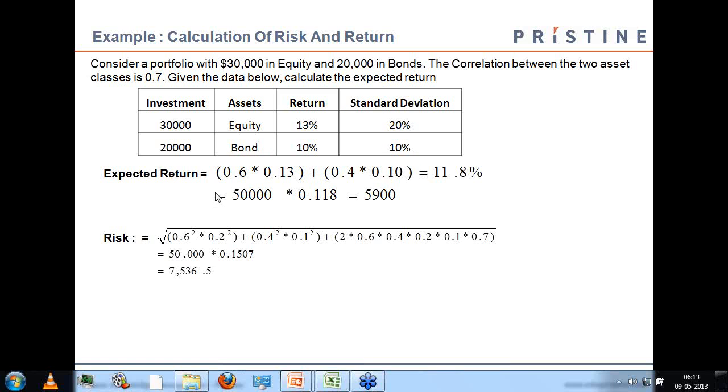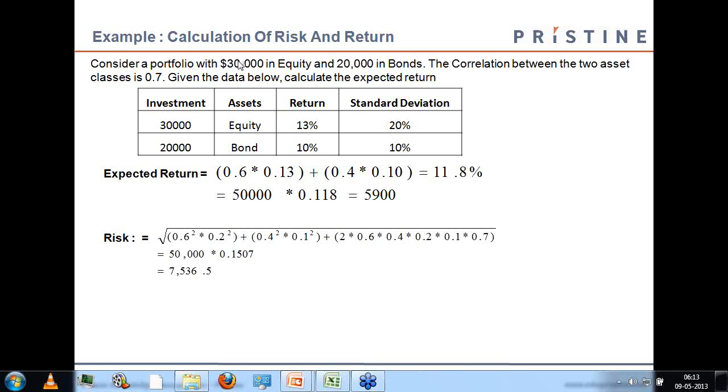So in this case also, to calculate the expected return, we'll take the weighted average of the return. In this case, we have to calculate the weights of equity and the weight of bond.